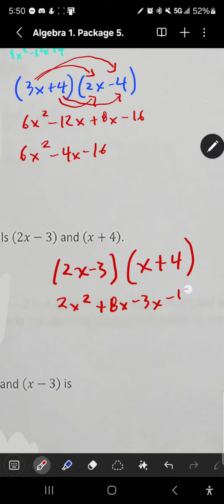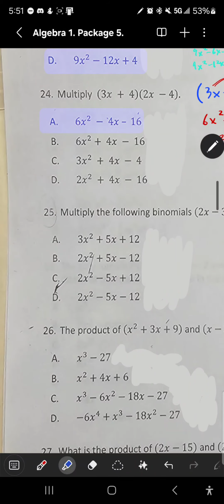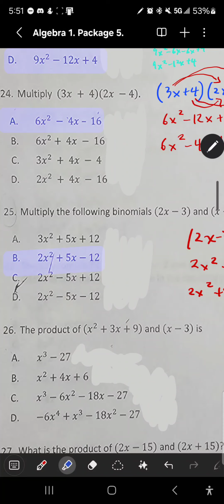Negative 3 times 4, negative 12. We give that to x squared. Now, 8x minus 3x is just 8 minus 3, which is 5, so 5x minus 12. So 2x squared plus 5x minus 12, which is B. Great. B.